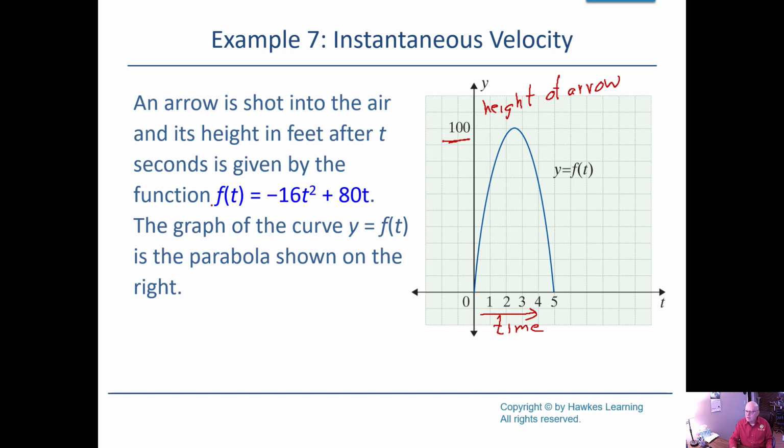Here's our graph, or excuse me, our equation. Time is what's changing, and if we put in this function, f, that function tells us the distance in the air that arrow is. In fact, it tells us a little bit more if we pull this thing apart.